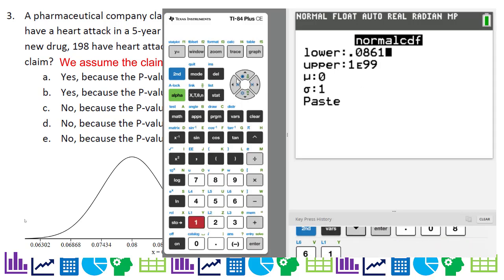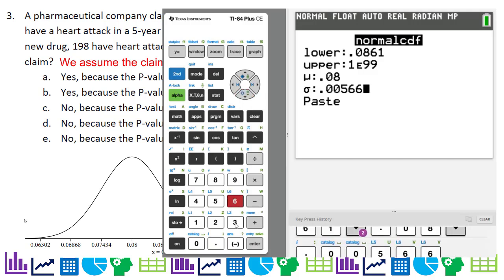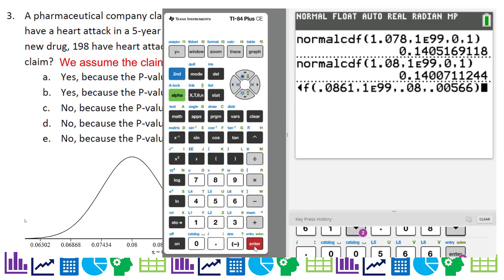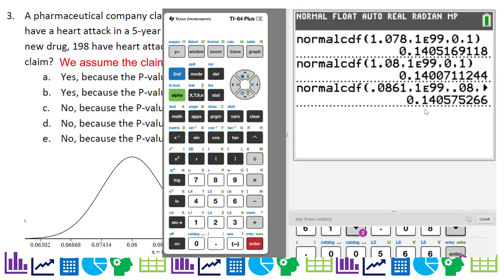We're still going to infinity. But now we're putting in our mean, which is 0.08, right? And our standard deviation, which is very small, 0.00566. All right, see how that's 3 significant figures? That's why I like that one. Hit enter, and your probability is getting us much closer to our 0.1406.